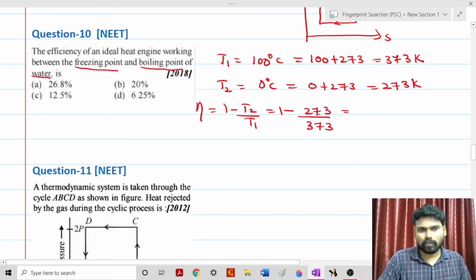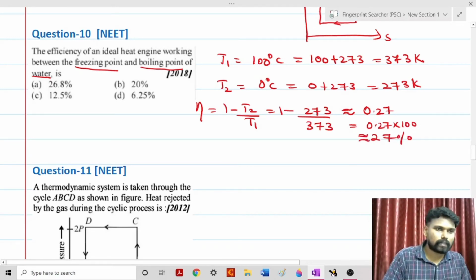If you calculate this, you will get a value very close to 0.27, and if you multiply it by 100, you can write it as a percentage. It is nearly 27%.